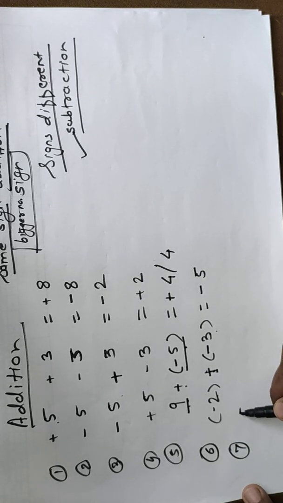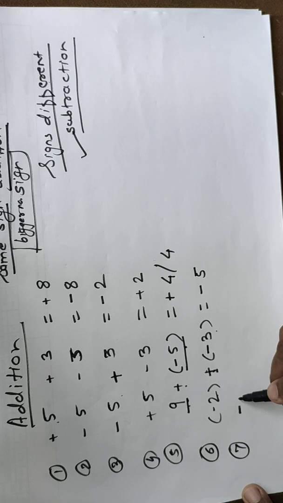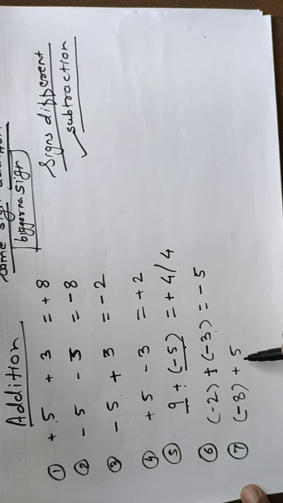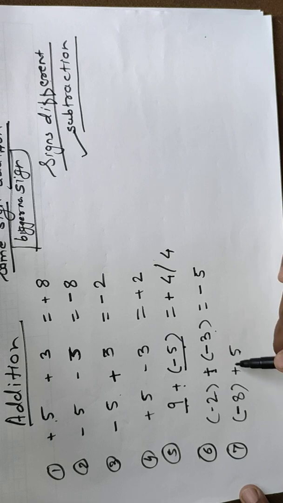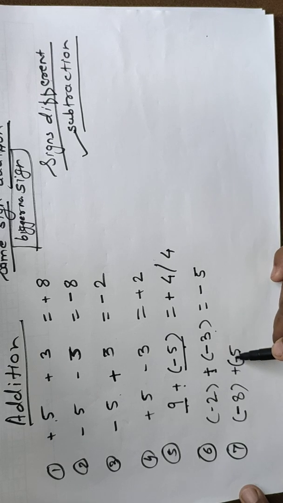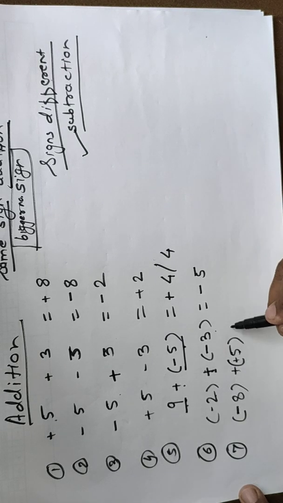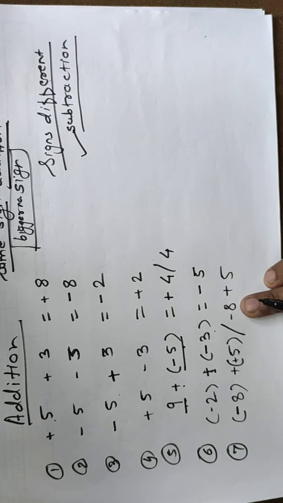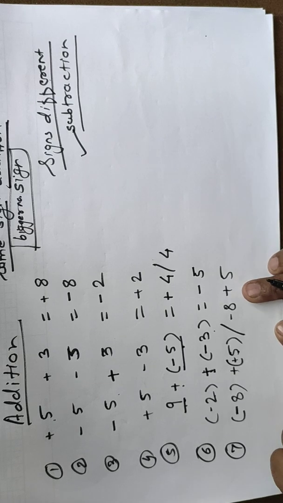Here suppose it is written minus 8, and here plus 5. Here only 5 is written, which means positive 5. Instead of writing plus 5, they wrote only this way: minus 8 plus 5. So the sign of 8 is negative and the sign of 5 is positive.